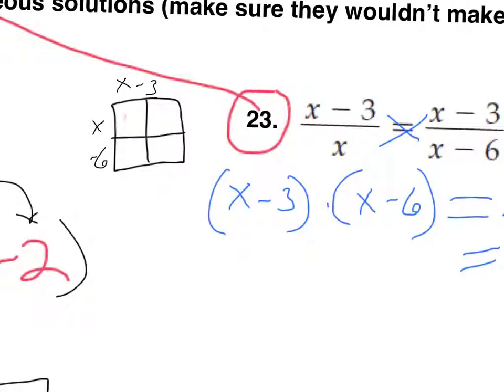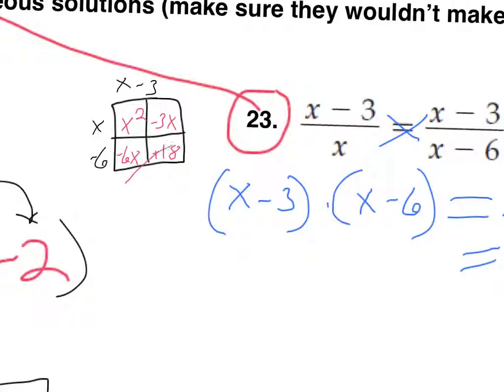Here, x times x is x squared. Here, negative 3 times x is negative 3x. Make sure you include the sign, that's important. Here, x times negative 6 is negative 6x, and here, lastly, is negative 6 times negative 3. That's going to be positive 18.